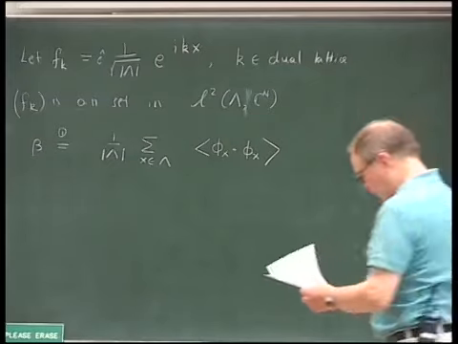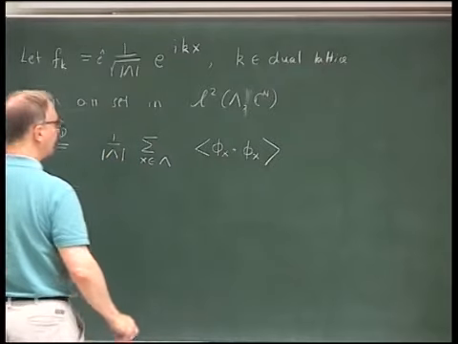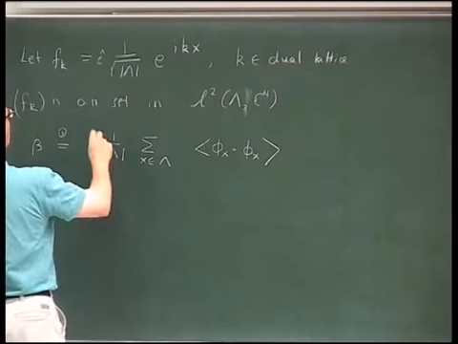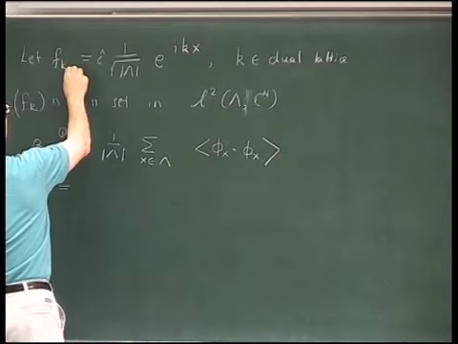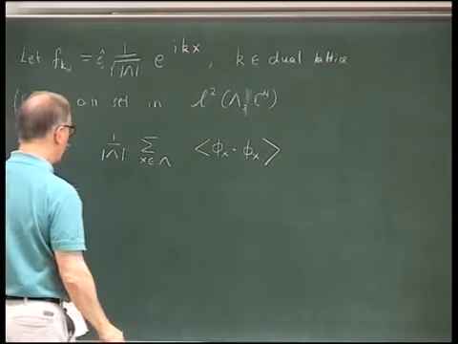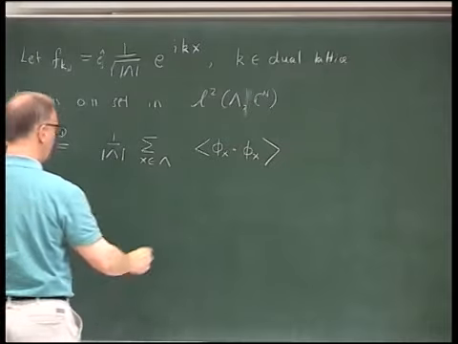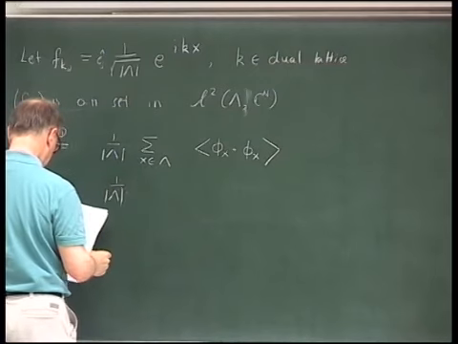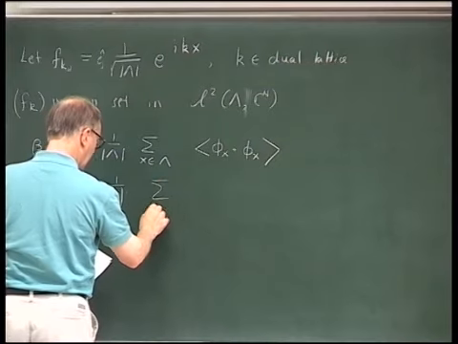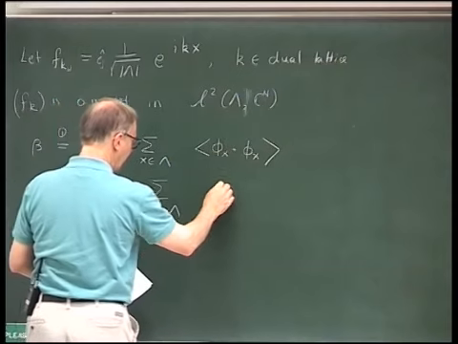Now, insert this. Actually, I think I need another index here, j, like that. I want a resolution of the identity. So insert this f_k in the middle here. So 1 upon lambda, sum over x in lambda, just leave that lying around, and put a resolution of the identity in the middle.